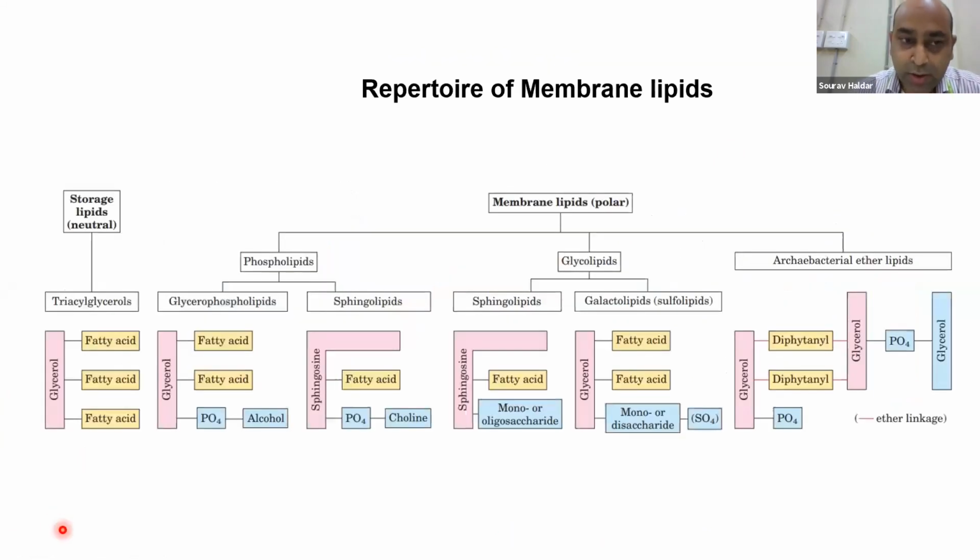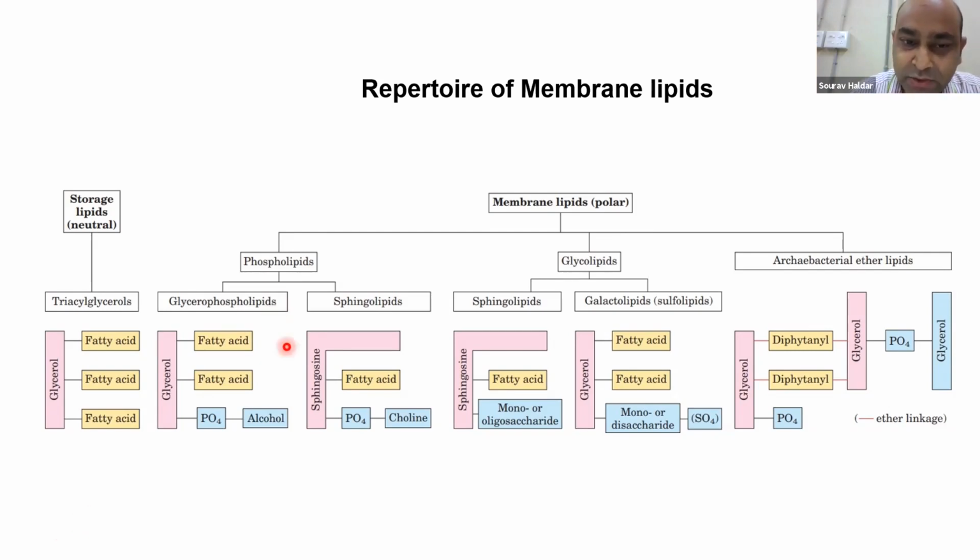All right, so I wanted to reflect a little bit on the composition of the membrane, meaning what are the different kinds of lipids that are found across different membranes and different species. This is in fact a slide taken from a textbook.